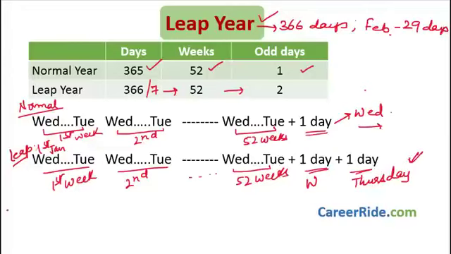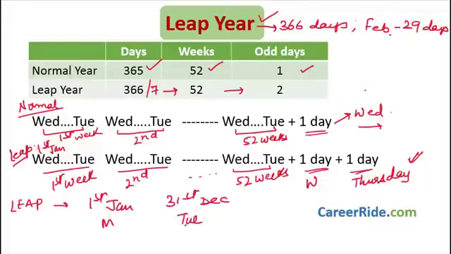It means that for a leap year, the 31st December would be the next day of 1st January. So if 1st January is on Monday, 31st December in this case would fall on a Tuesday, right?